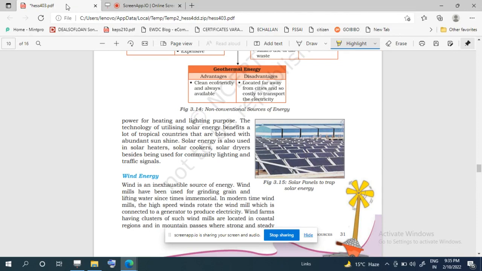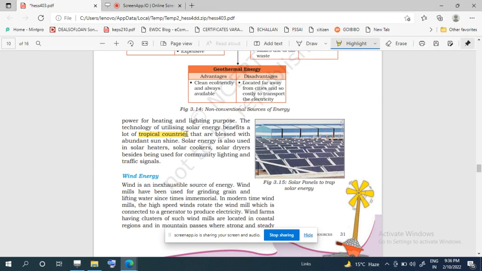And it is very useful in our tropical countries. Tropical means those countries which are situated between Tropic of Cancer and Tropic of Capricorn. That is the tropical region. So these are such countries where the sunlight is in abundance, है ना?